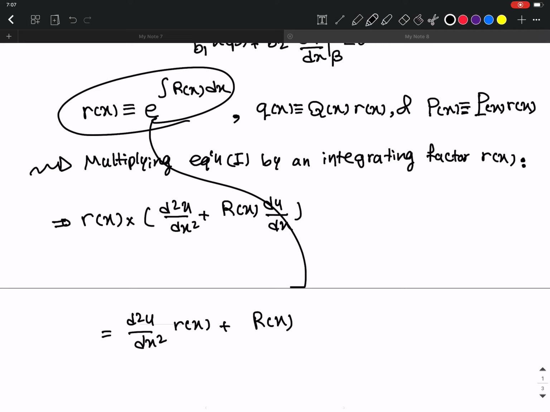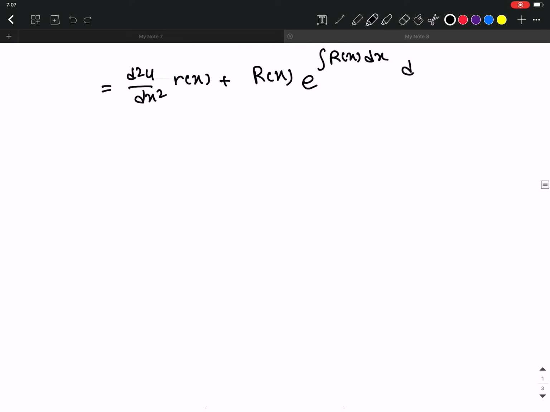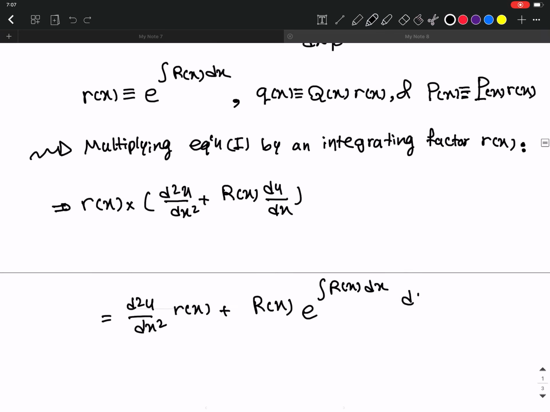So I'm going to write the integrating factor e to the power of the integral of R(x) dx, times du/dx. So this is just this expression. I just wrote the definition of R(x) here.